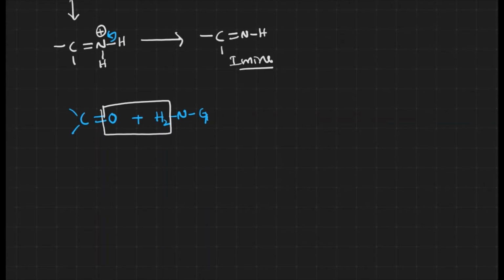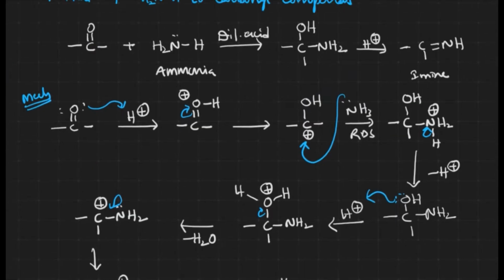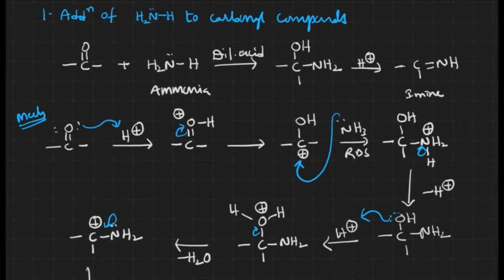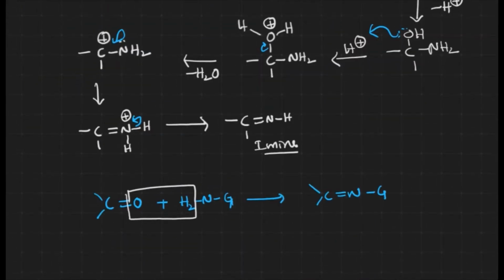Finally, what will we be getting? We'll be getting a structure of this kind. What is this? C double bond N, that particular group. We have already mentioned it is the NH2G group only, right? The G group which we are assuming here is hydrogen, right? The hydrogen remains over here. The same thing happens with most of the reactions of this kind, right?